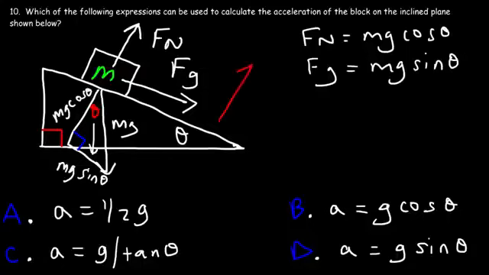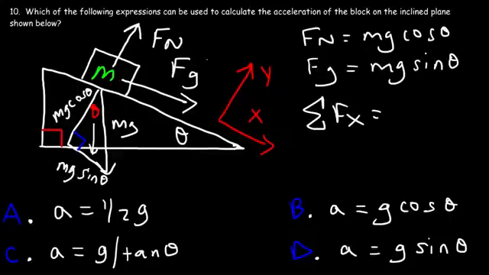Now let's define this as the y direction and this as the x direction. So the net force in the x direction is only equal to this force. There's no other forces in the x direction. And based on Newton's second law, F is equal to ma. The net force is always the mass times the acceleration.